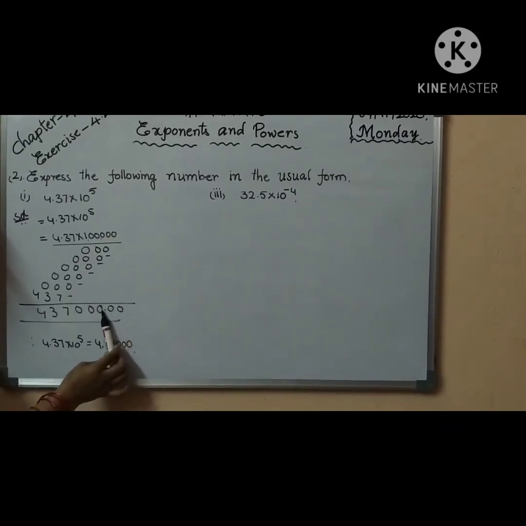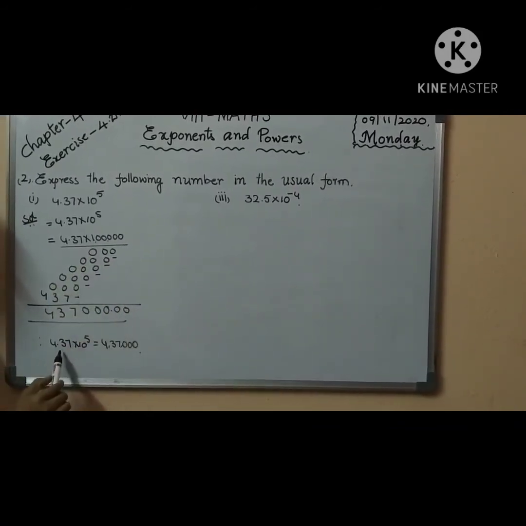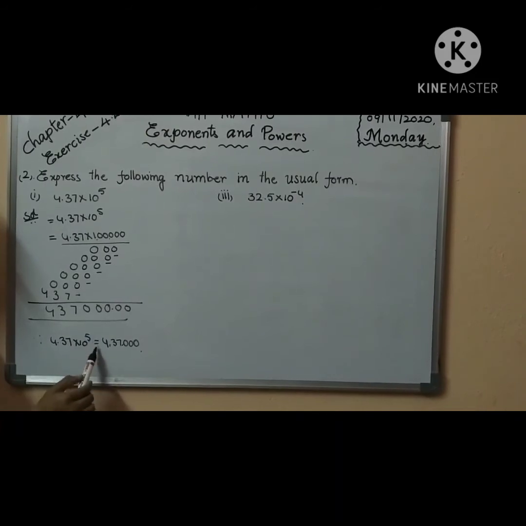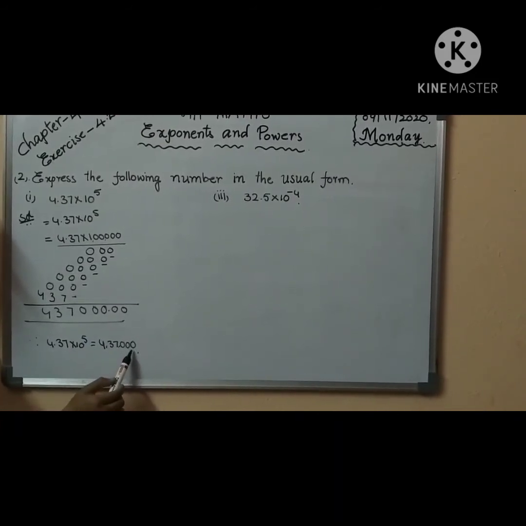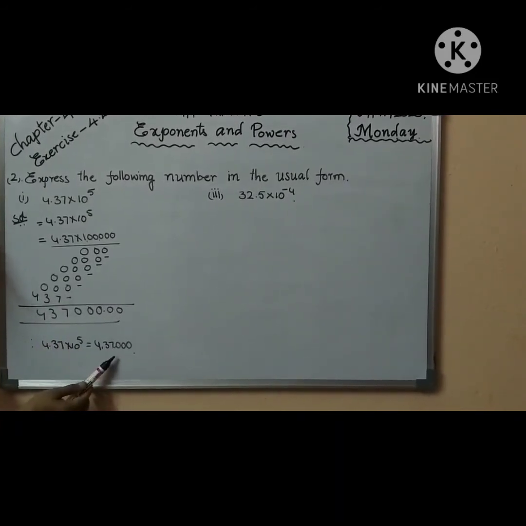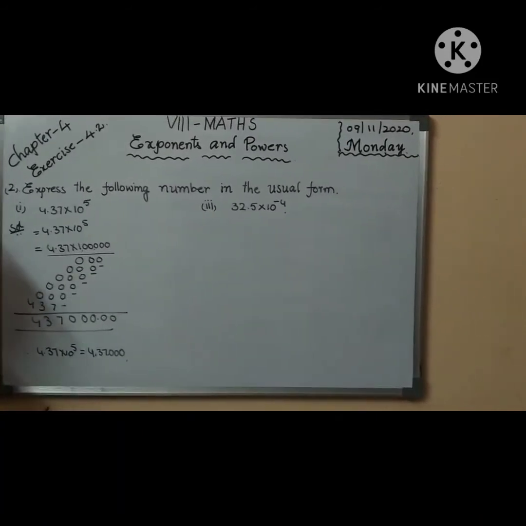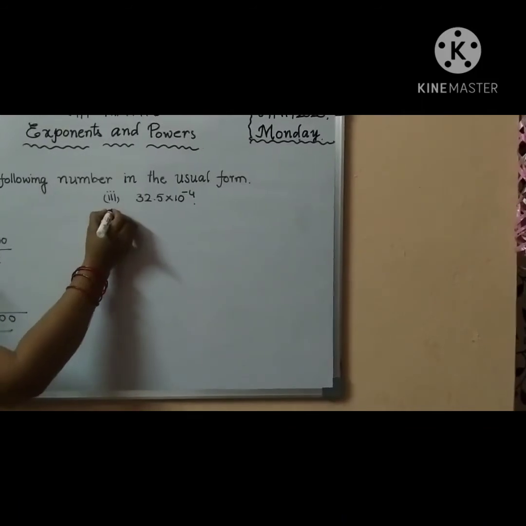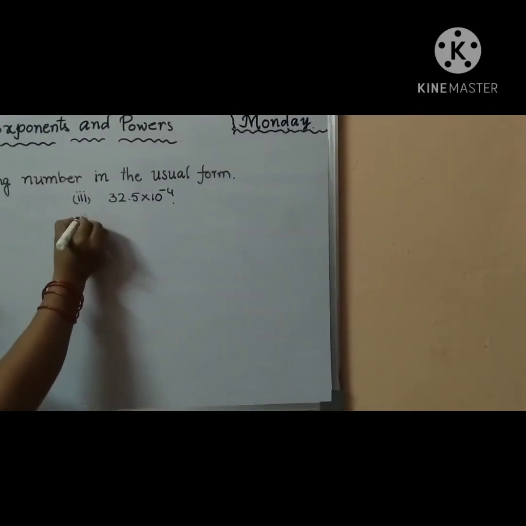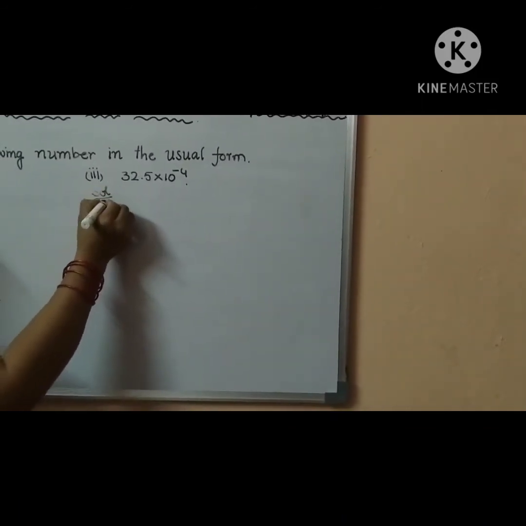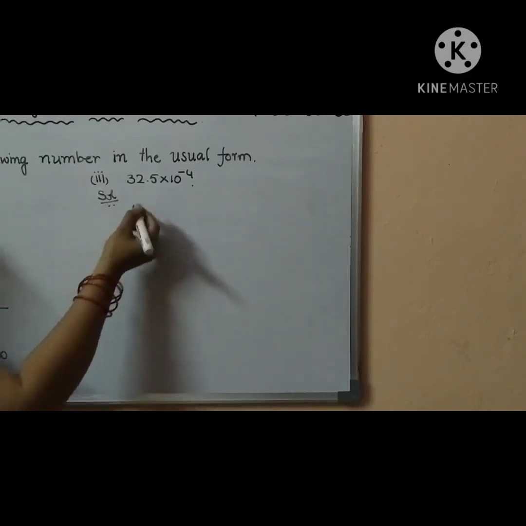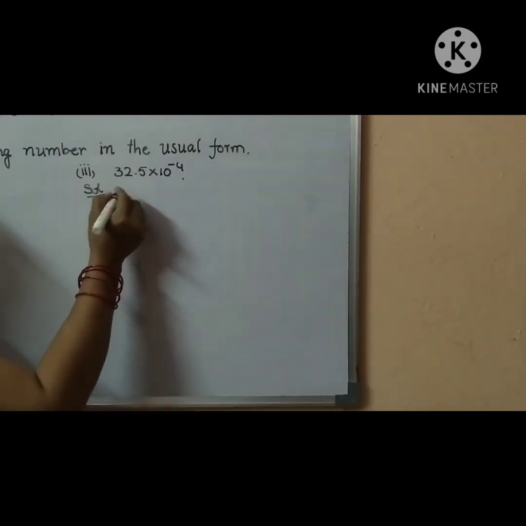So here write 4.37 into 10 power 5 is equal to 4,37,000. It is a usual form, it means a numerical number. Okay children. Next third problem. Solution.